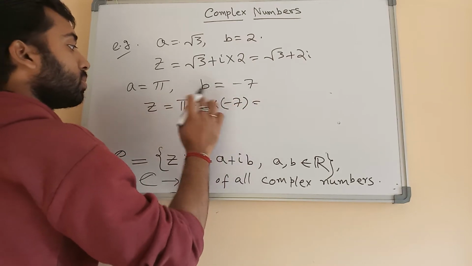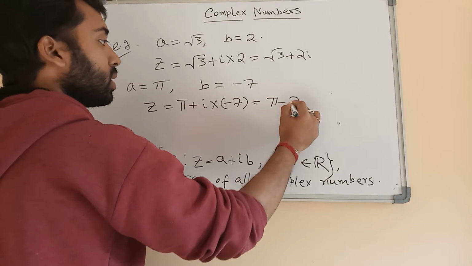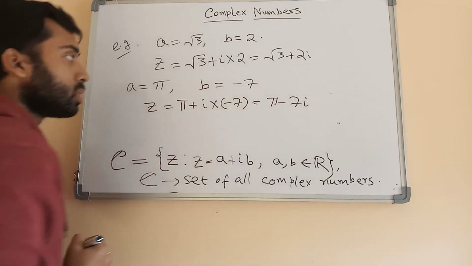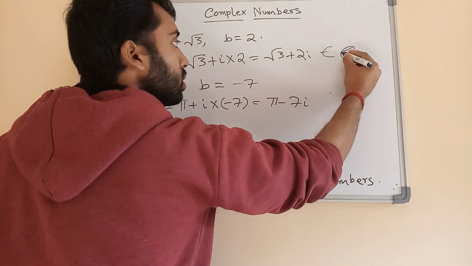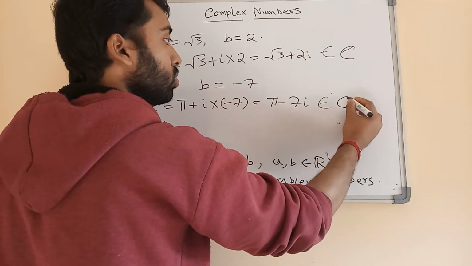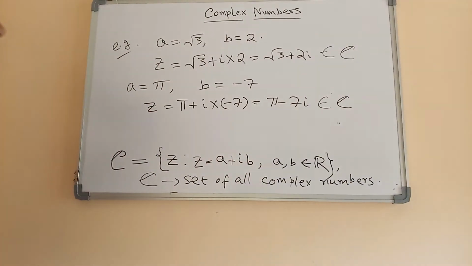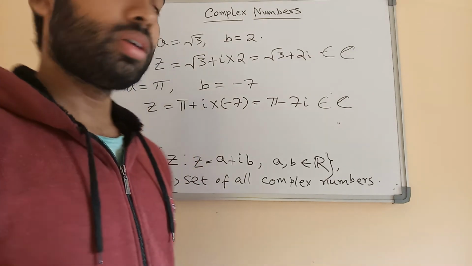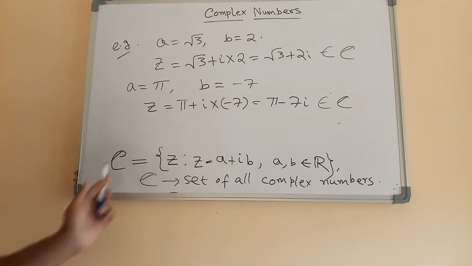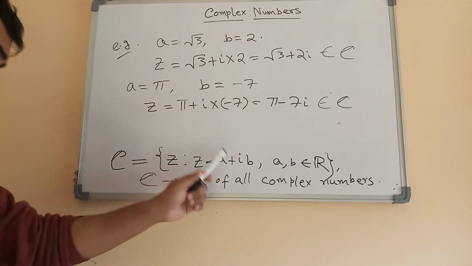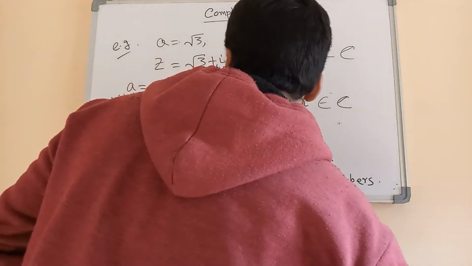So plus times minus gives minus, that is pi minus 7i. This is also a complex number. So this belongs to the set C. So for different values of a and b, I can get different types of complex numbers, and the collection of all the complex numbers will form the set of all complex numbers.